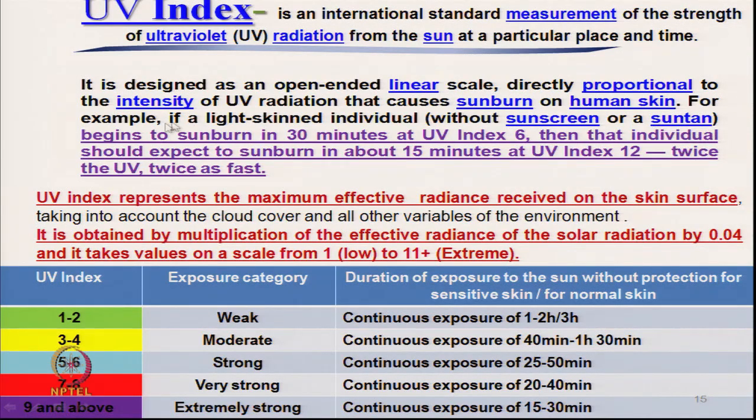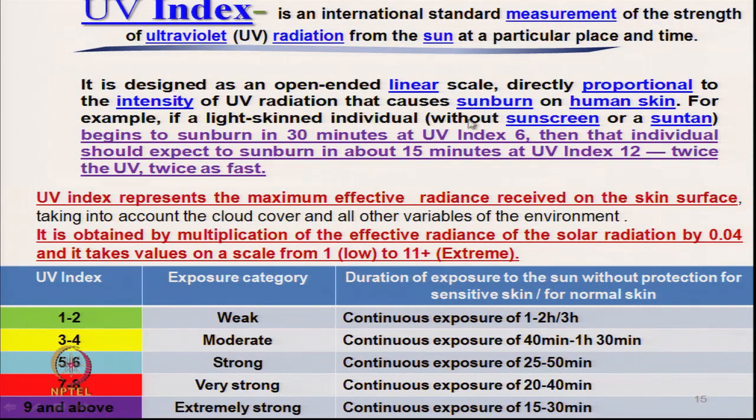For example, if a light skinned human without sunscreen or suntan begins to sunburn at 30 minutes at a UV index of 6, so, a higher UV index means higher intensity.